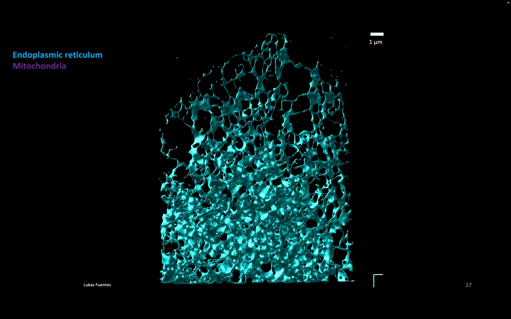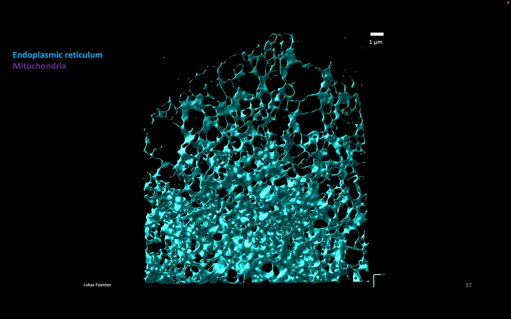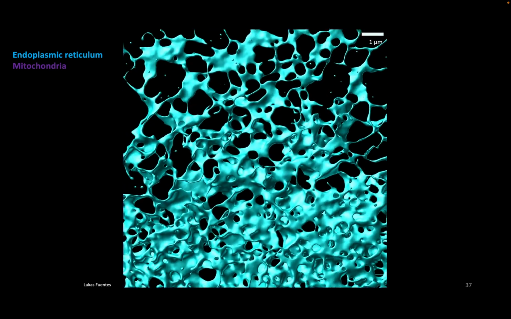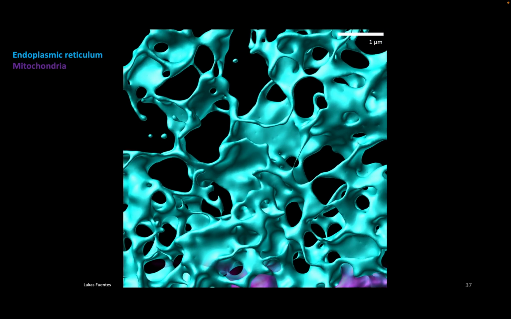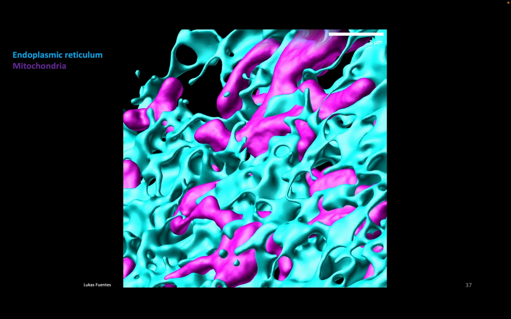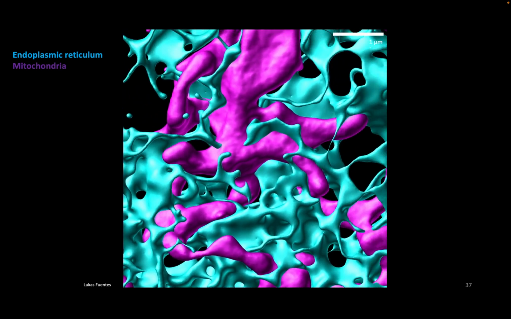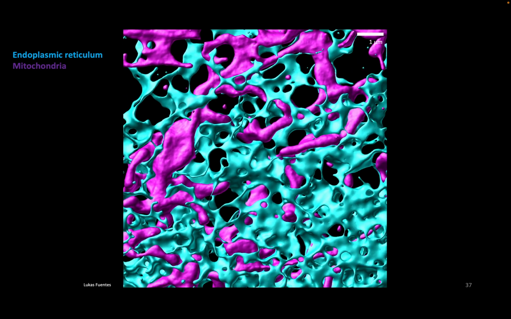I'll just show you quickly the ER with some mitochondria as well. You can see that the mitochondria here are just snaking through the little holes in the ER, which is quite cool, and you could use some sort of reconstruction of these two channels together like this to look at ER mitochondrial contacts.